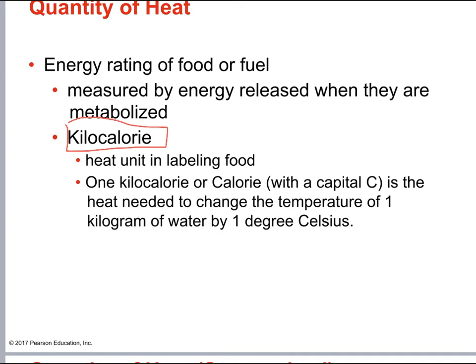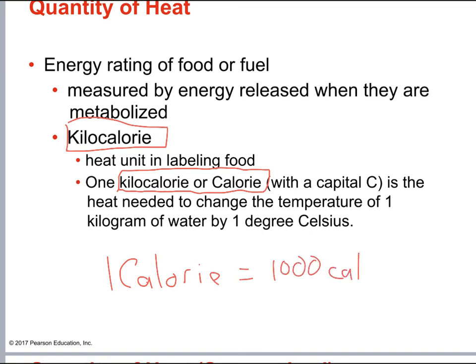But here's what's really weird. 1 kilocalorie is sometimes called 1 calorie with a capital C. In other words, 1 calorie with a capital C is equal to 1,000 calories with a little c. And that's kind of confusing, but that's just the way they do it.